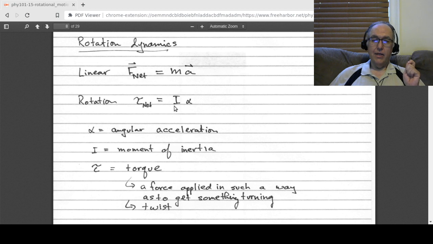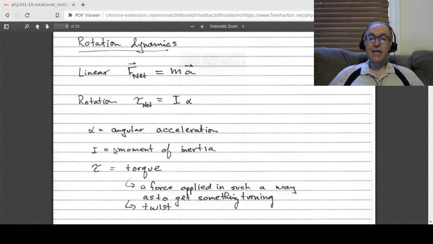It's the same thing with I. Only now we're not talking about getting something moving linearly. We're talking about getting something to rotate. The bigger the moment of inertia is for an object, the harder it's going to be to get it to rotate. Now that obviously has something to do with mass, because the more mass there is, the harder it is to get it to turn. But it's not just the mass; it's how the mass is distributed.